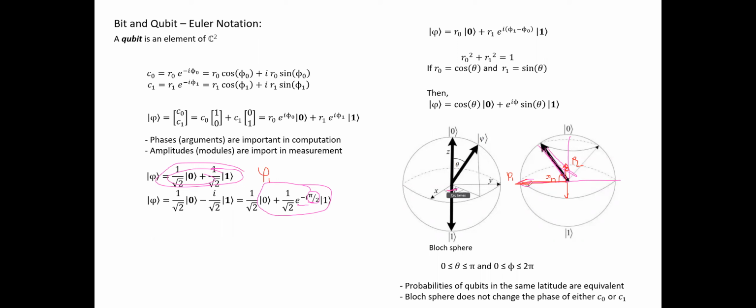So it's really helpful when we start learning about quantum computing, when we start playing with those parameters, so we can understand what certain operations are. So let's move to the next slide.